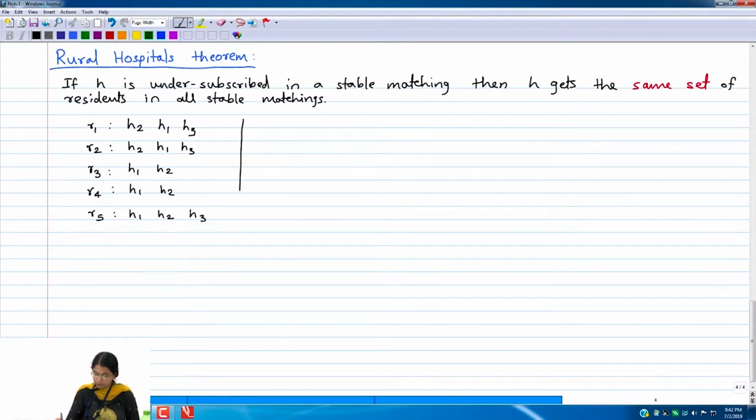So these are the residents' preference lists. Let me write down the hospitals' lists.